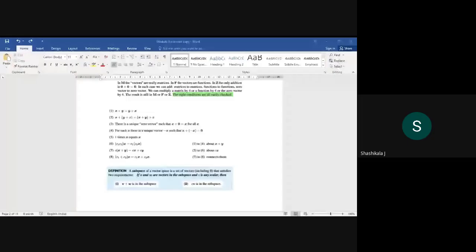When I add two vectors v plus w in the subspace, that sum should also be in that space. And when I multiply by any scalar, the result should also be in this space. That means it should be closed under addition and closed under multiplication.